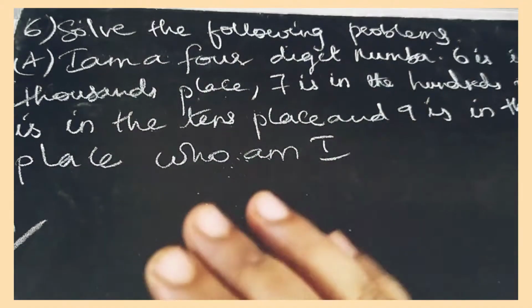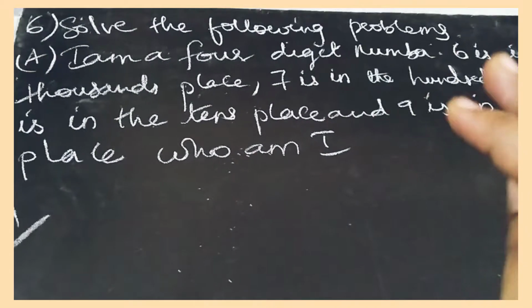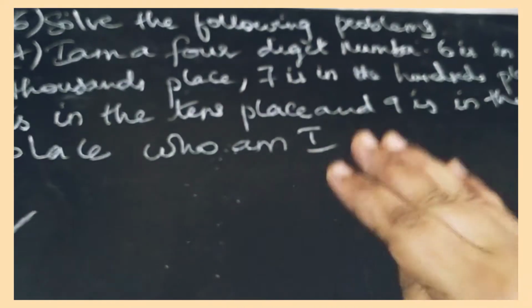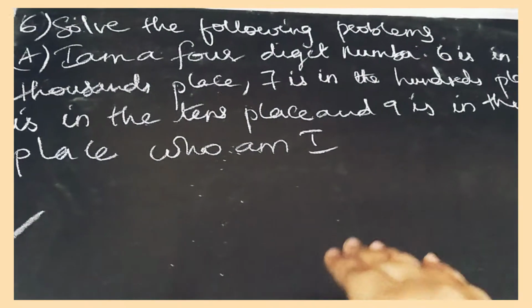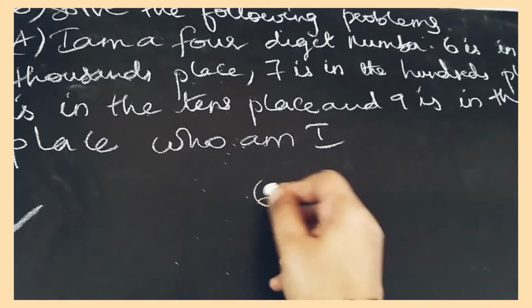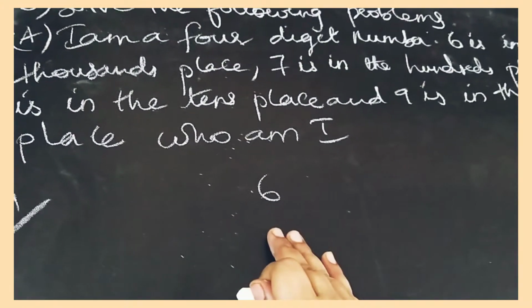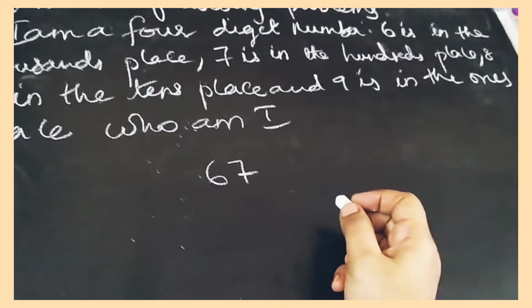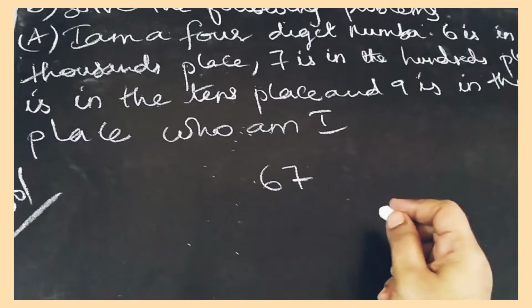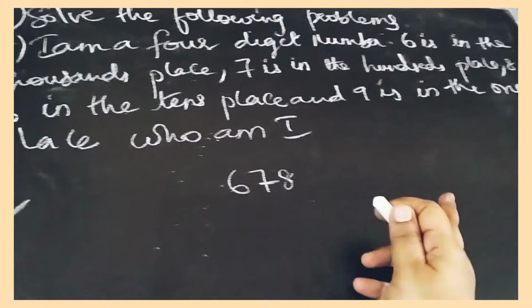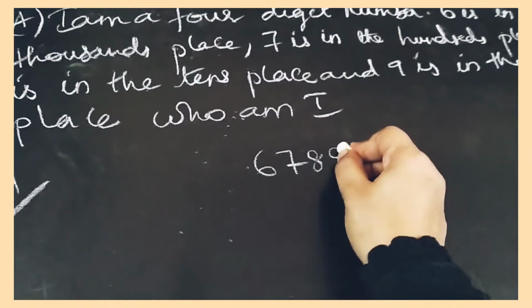Next, solve the following problems. First one: I am a 4-digit number. 6 is in the thousands place, 7 is in the hundreds place, 8 is in the tens place, and 9 is in the ones place.